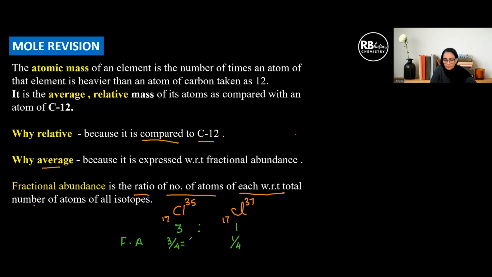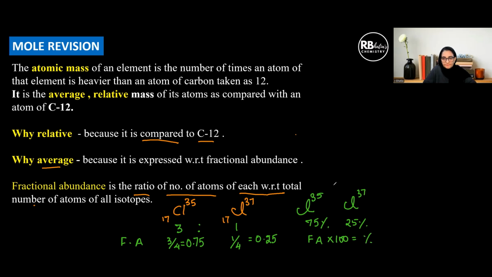Or if I want to express it as a fraction, I write 0.75 and 0.25. And in case I want to express this as a percentage, chlorine 35 is 75% and chlorine 37 is 25%, because fractional abundance into 100 gives us abundance in percent.